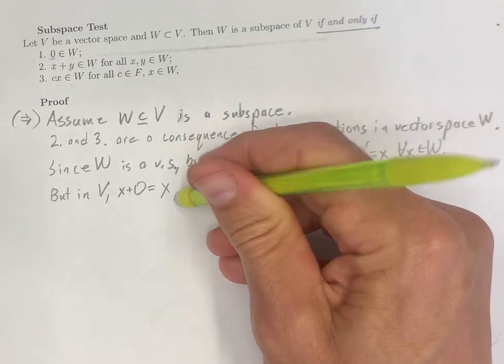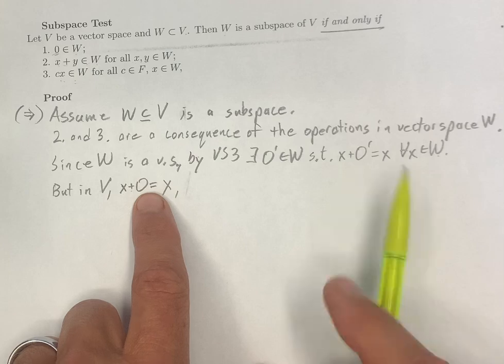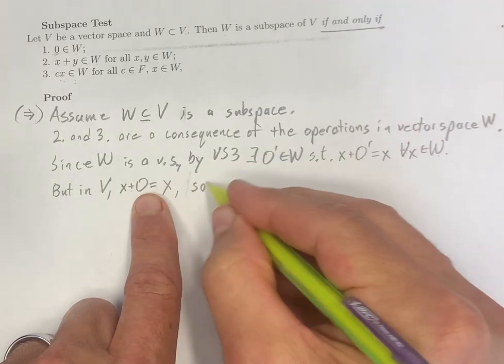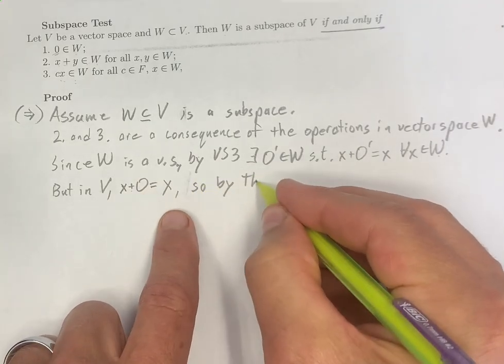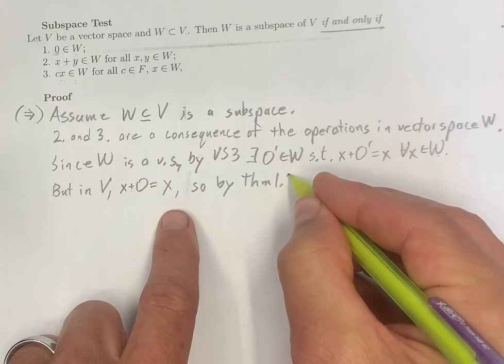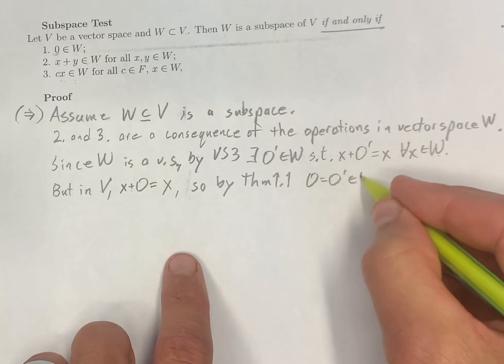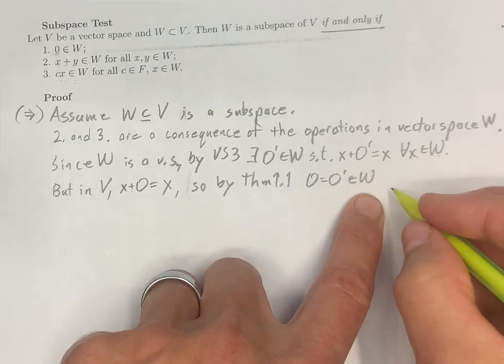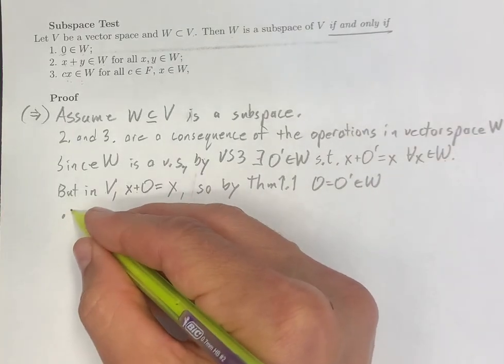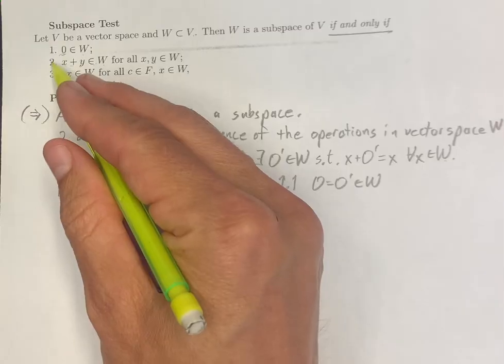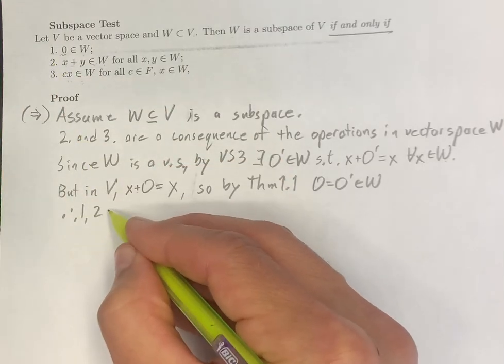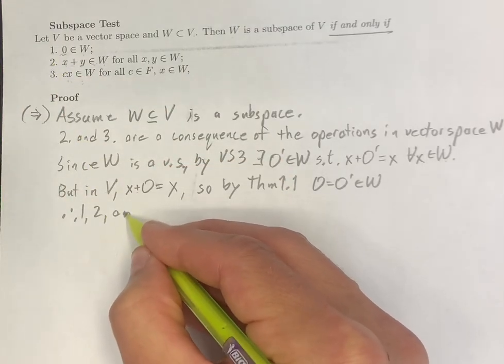So remember, if you have two things that act like the identity, in the last section, theorem 1.1, 0 equals 0 prime, and it in fact is in W. Therefore, 1 holds, 2 holds, and 3 holds.